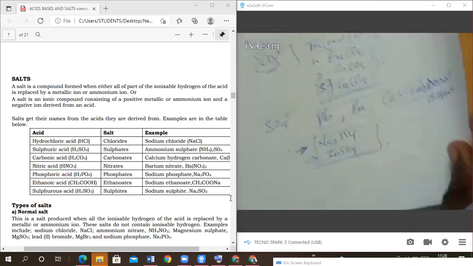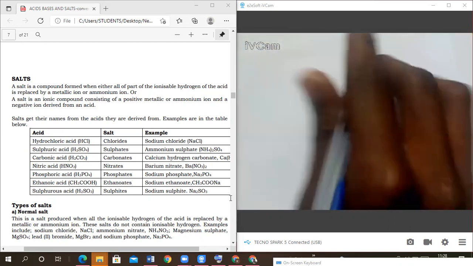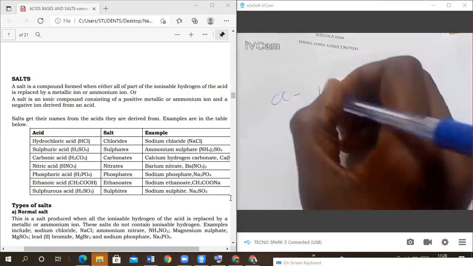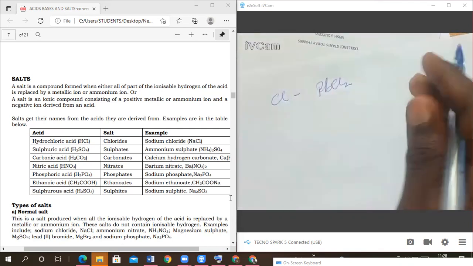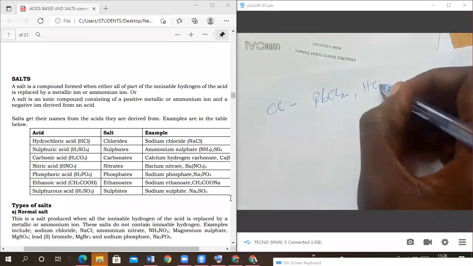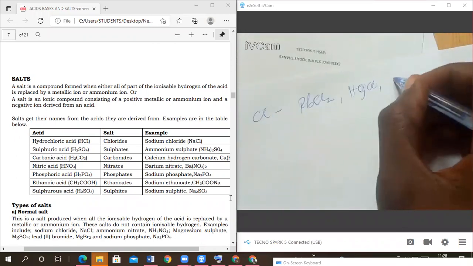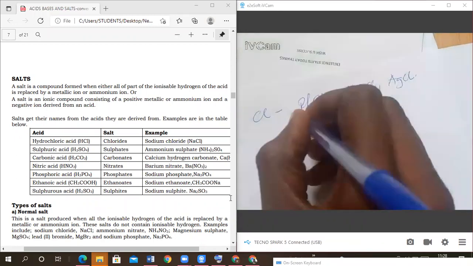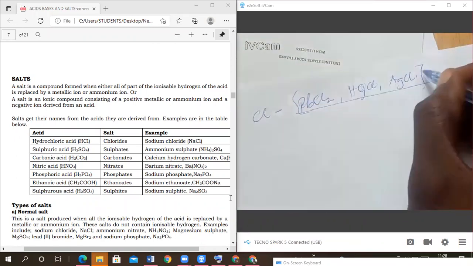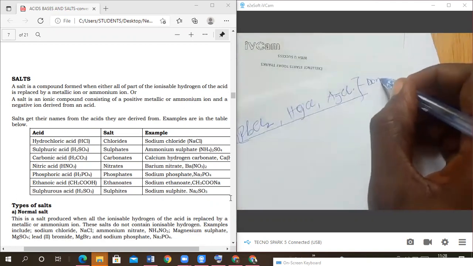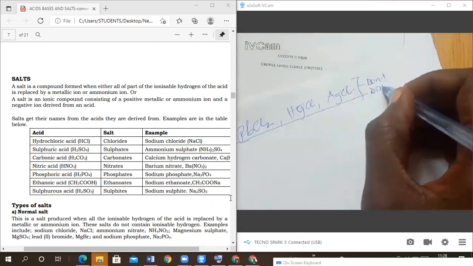When you talk of chlorides, apart from lead chloride, mercury chloride and silver chloride, the rest dissolve. These ones do not dissolve in water.